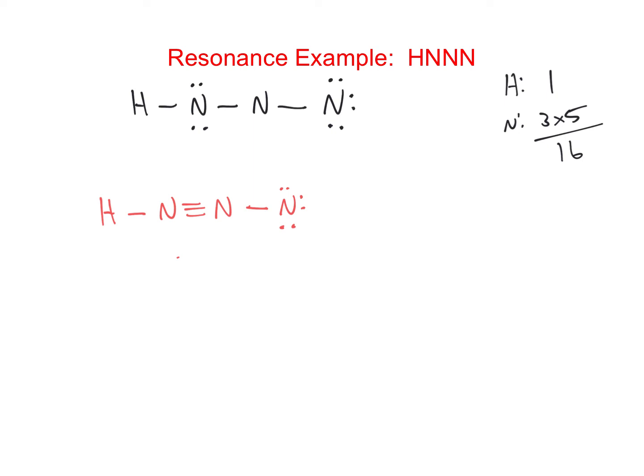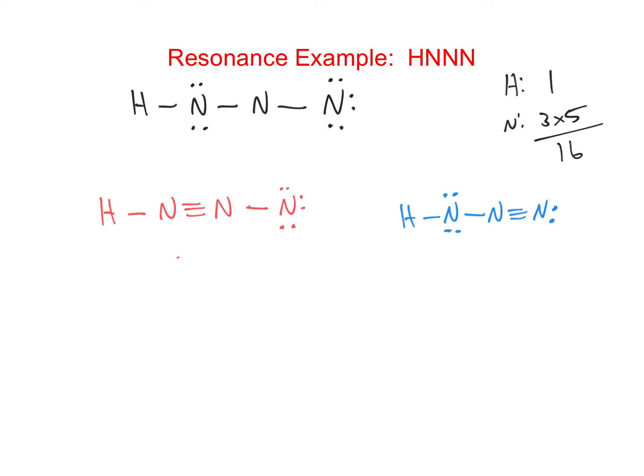Or I could take both lone pairs from this nitrogen and convert them into bonding pairs. In that case, our Lewis structure would look like that.